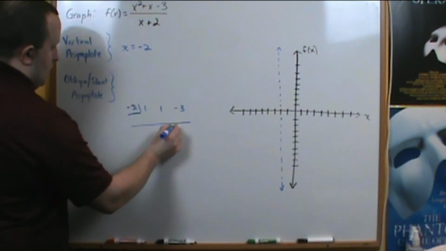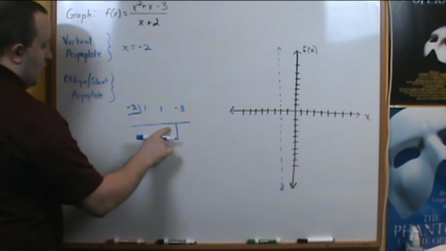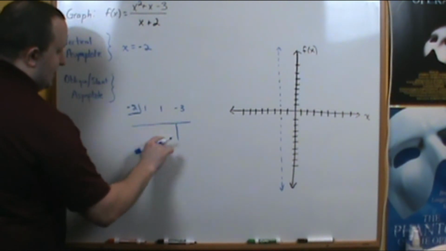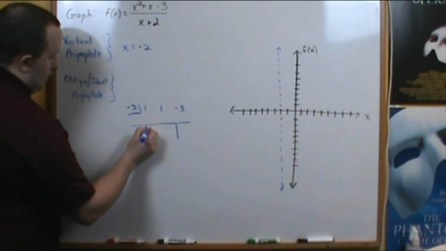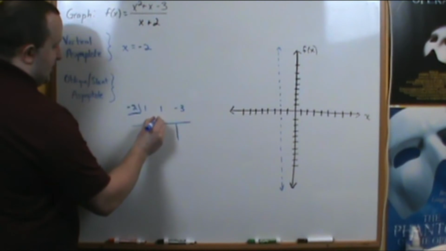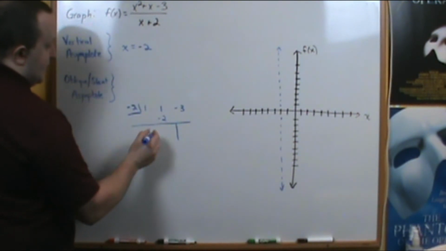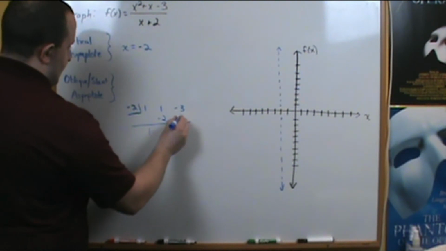So if we use synthetic division here, we have the opposite of 2 outside, and then we take the coefficients, 1, 1, and negative 3. Alright? I don't care, in this case, what the remainder is. All I care about are these values right here. So if we drop this 1 down, we get a 1. Negative 2 times 1 is negative 2. 1 plus negative 2 is negative 1. Negative 2 times negative 1 is positive 2.